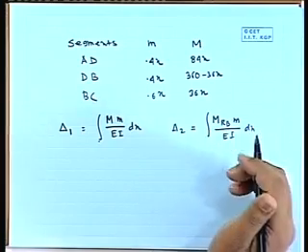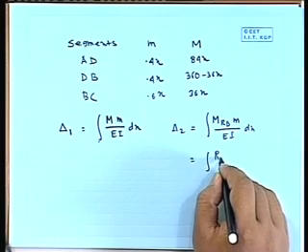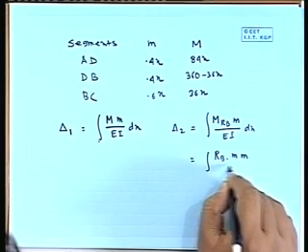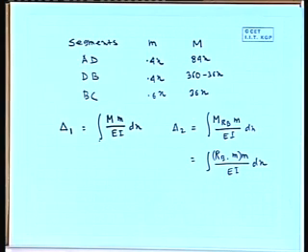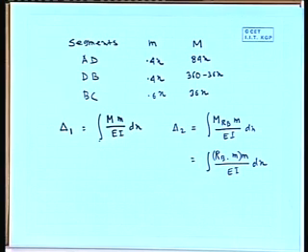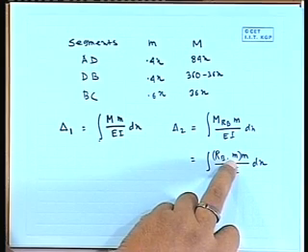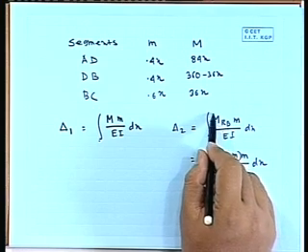Now m RB is the moment produced by RB. What is small m? It is the moment produced by the unit load. So instead of RB, if we put 1 unit load, we get the moment expression small m. The actual load is RB, so if we multiply by that, it should be equal to m RB.